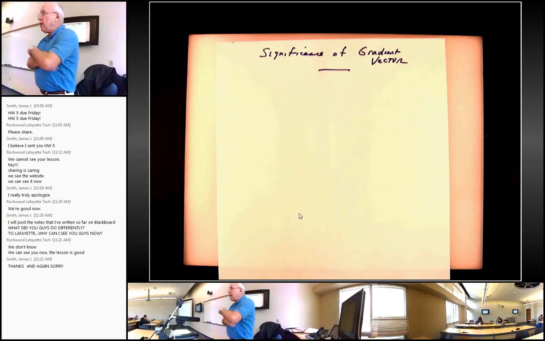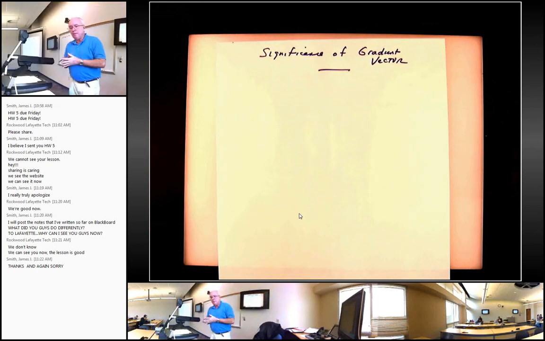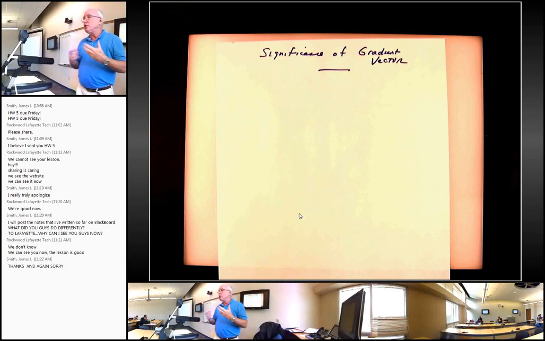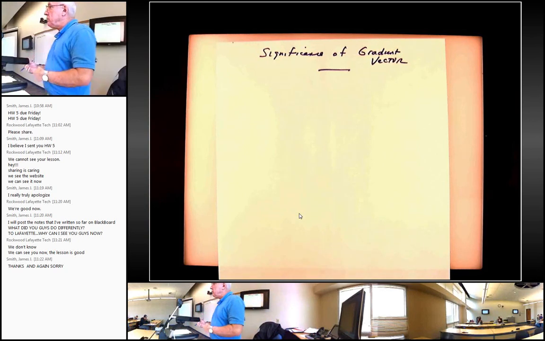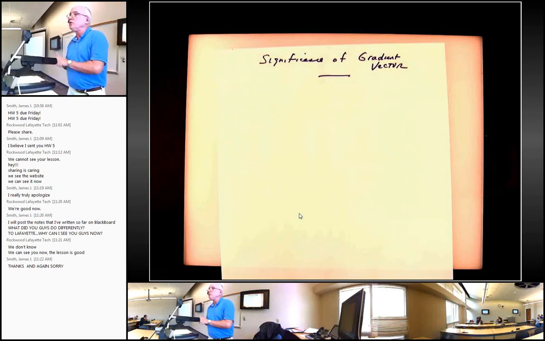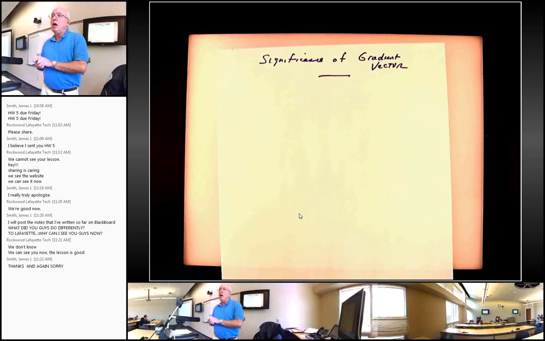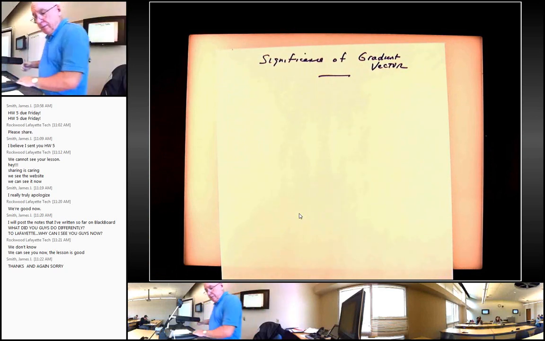Now, as I had mentioned before, the gradient vector gives us the direction of the maximum increase of the function. It gives us the direction of the maximal directional derivative.